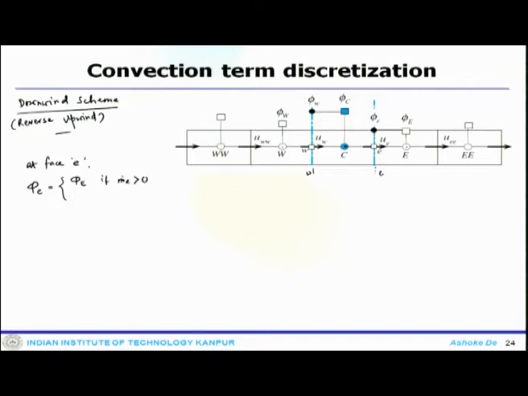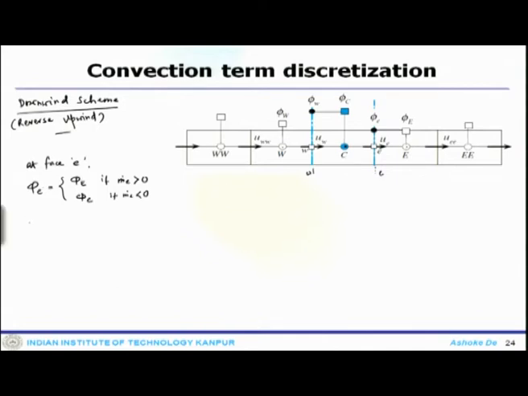It is a reverse upwind scheme, so compared with the upwind, if the east face mass flux is greater than 0 or positive, then phi E gets the contribution from phi E, and if m dot E is less than 0, it will be phi C. So, in the reverse upwind, it just becomes flipped. In the conventional upwind scheme, if the mass flow rate is greater than 0, the face value is assigned phi C, and if the mass flow rate is less than 0, the face value is assigned phi E.